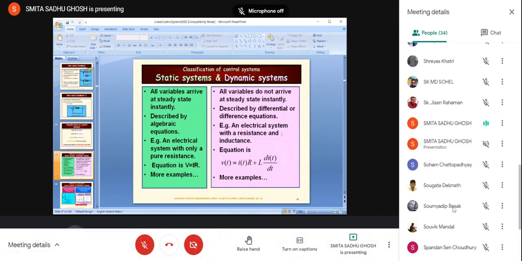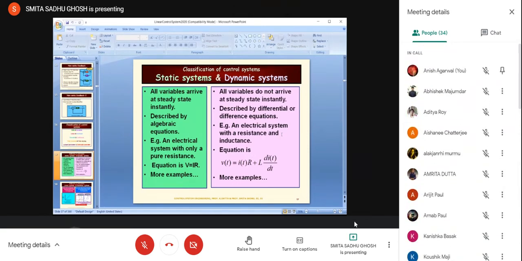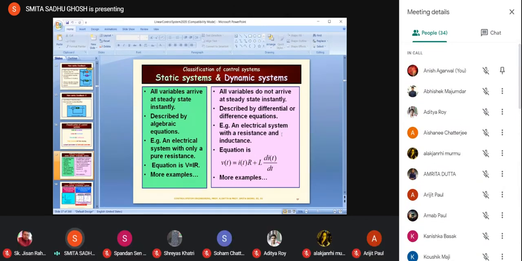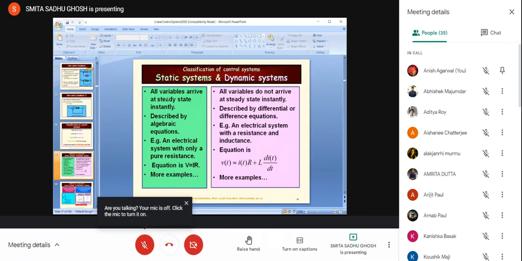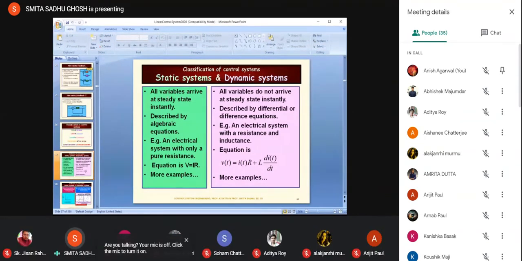So now the classification as static systems or dynamic systems is what we are going to see first. On the left hand side, you see the properties of static systems. On the right hand side, we find the properties of dynamic systems.